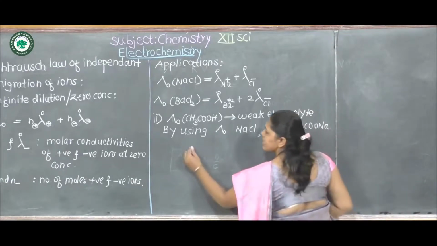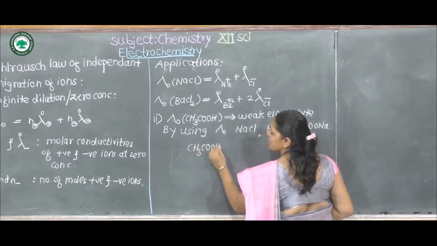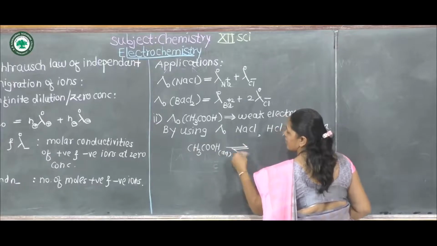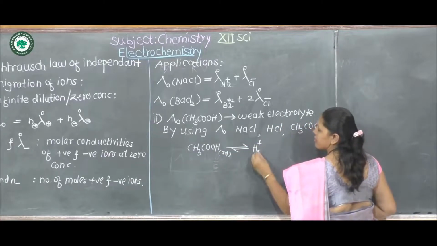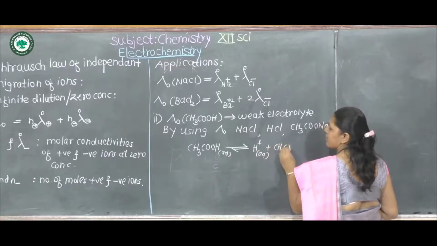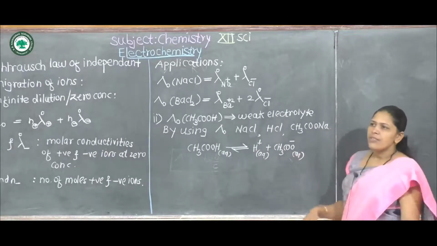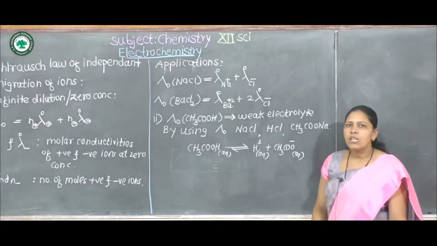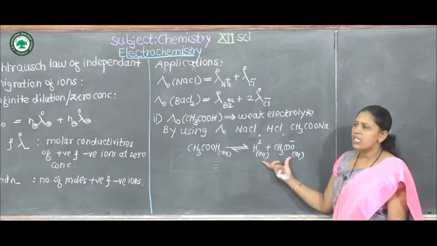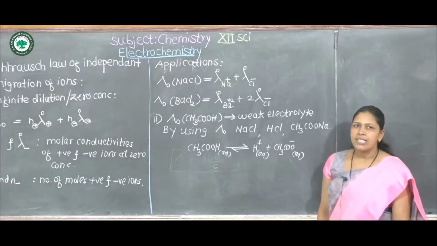Acetic acid dissociates as H plus and acetate ion. Therefore, for calculating the molar conductivity of acetic acid, we have to know the molar conductivity of H plus ion and the molar conductivity of acetate ion.